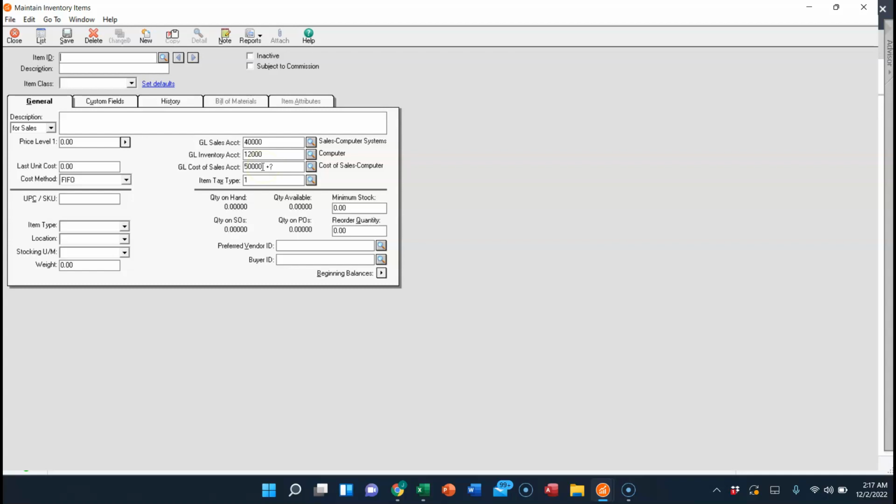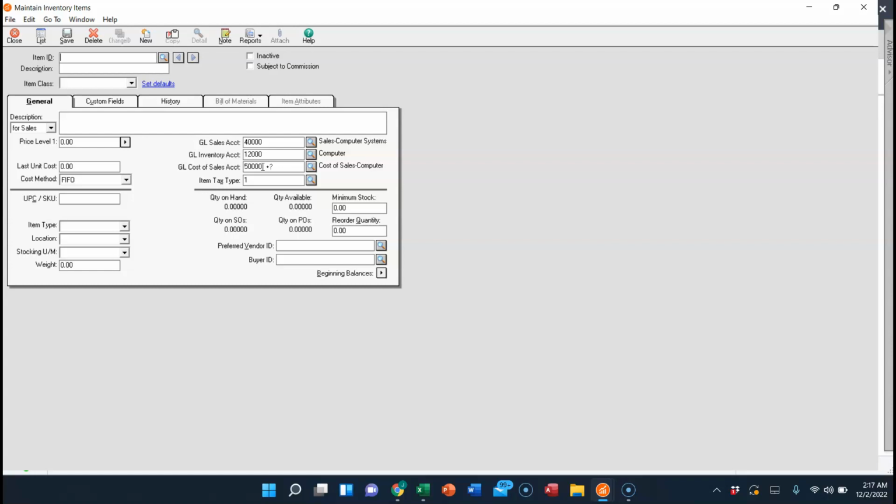Okay? So I wanted to highlight this very important feature before we go into adding the actual data for each inventory item.